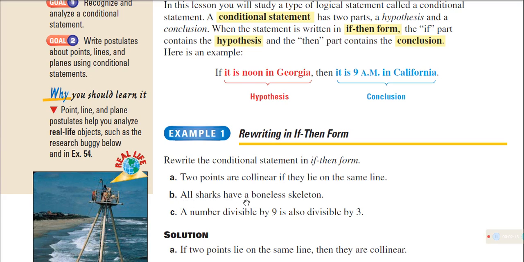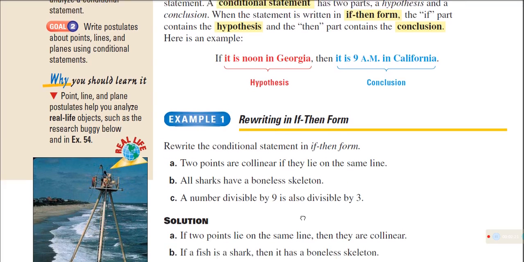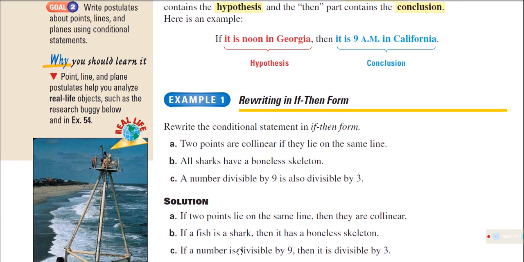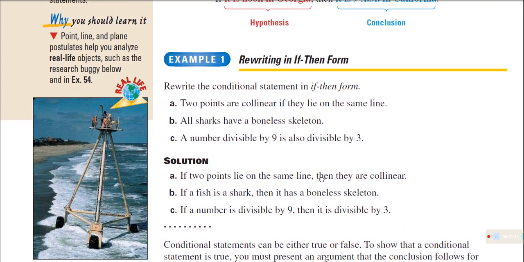Next, all sharks have a boneless skeleton. So B, if a fish is a shark, then it has a boneless skeleton. And then finally, a number divisible by 9 is also divisible by 3. So if a number is divisible by 9, then it is divisible by 3. So that is how you rewrite statements into if-then form.